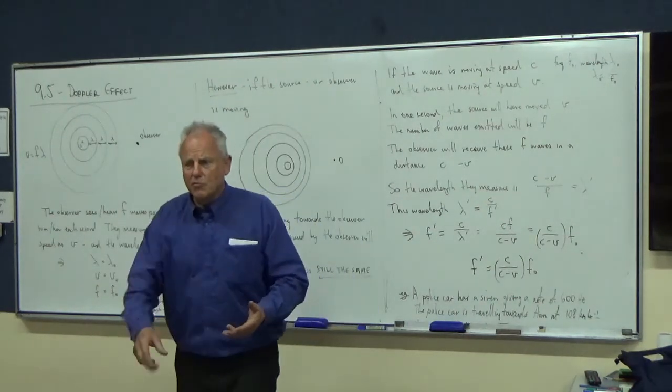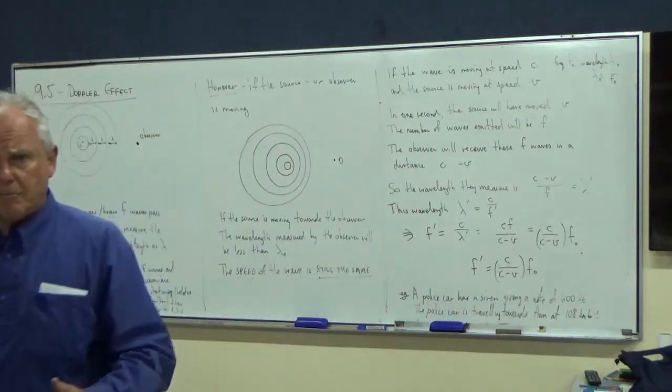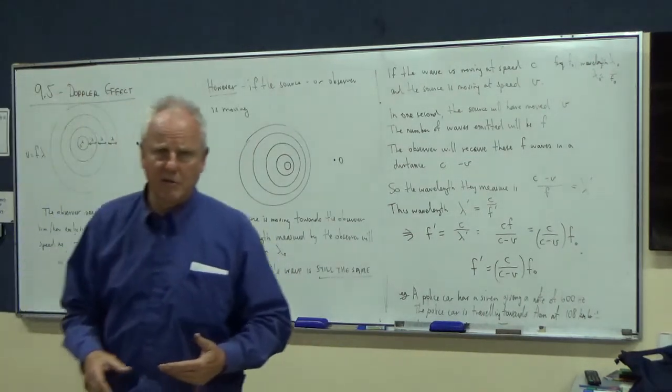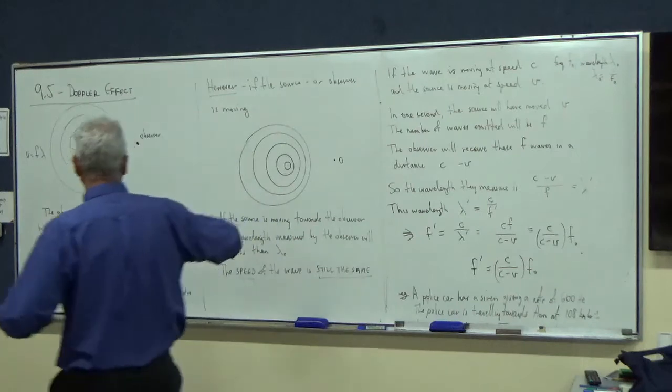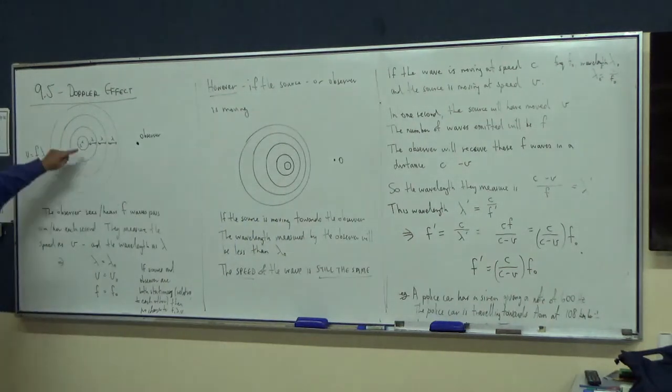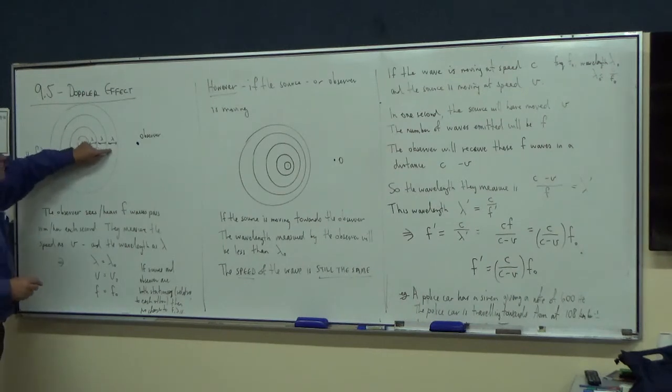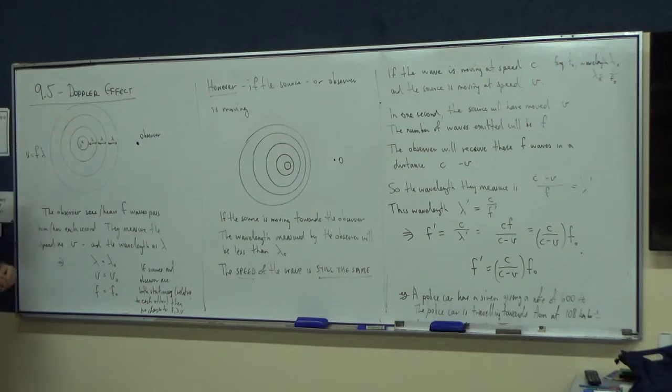If I move towards that person while I'm generating the waves, then we get a separate situation. Let's go through this first. So here's the source. Whether they are sound waves, water waves or light waves, the same thing applies. The waves are heading out with a constant wavelength, in circles with the same centre.